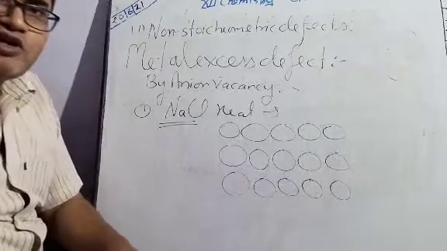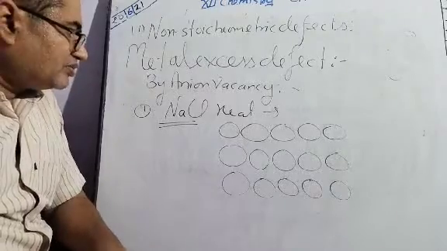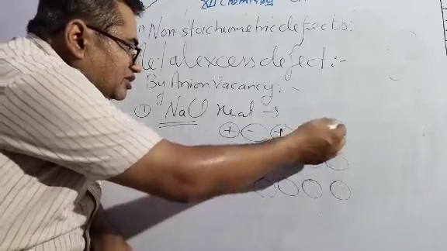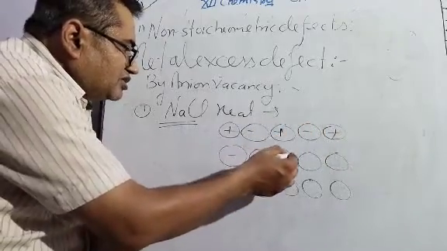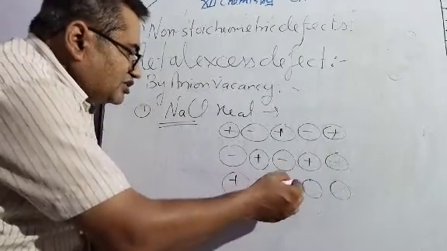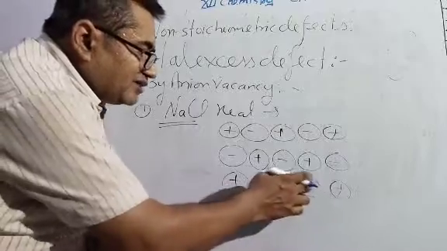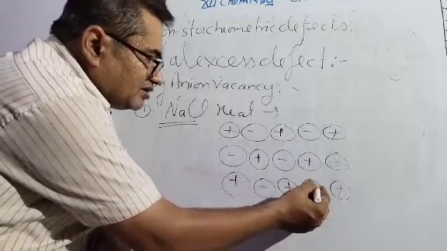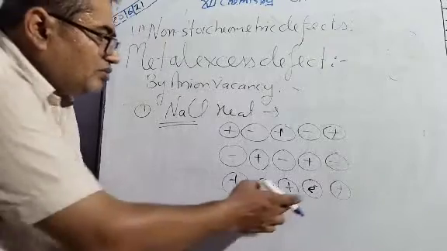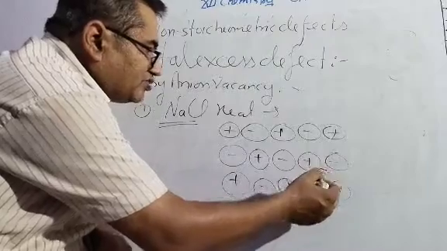Due to the electron being trapped, yellow color appears because of the excitation of the electron by electromagnetic waves. Positive, negative, positive, negative... whenever a negative ion is displaced and an electron occupies the site, an F center is formed.